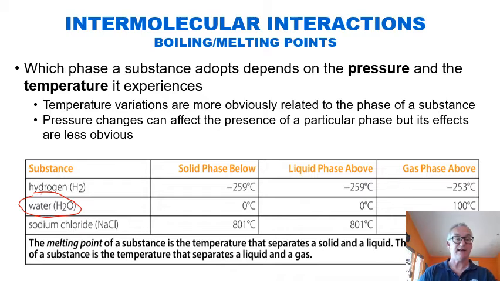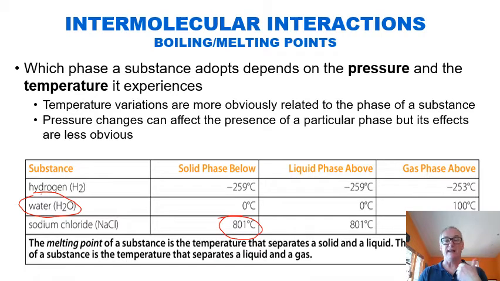Now you look at something like sodium chloride. You can see the sodium chloride is held together with much stronger intermolecular interactions, because you need to heat sodium chloride to 800 degrees in order to turn it from a solid into a liquid.